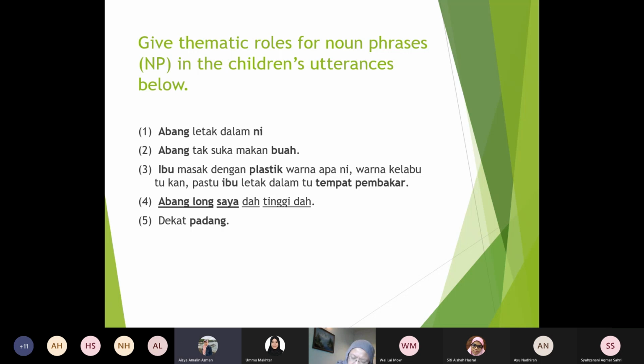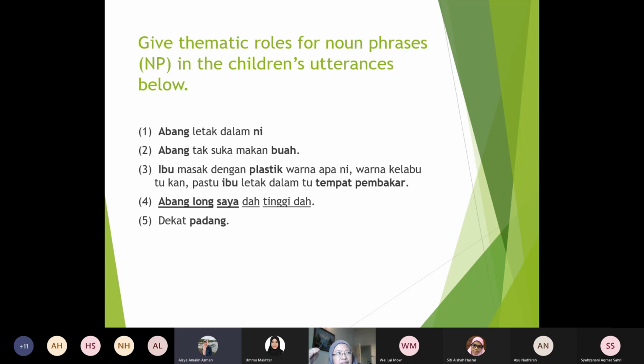Doktor nak tanya. Okay, so contoh, abang tak suka makan buah, kan? So basically tak suka makan tu memang tak ada semantic role ke? I mean, semantic role or thematic role is only for noun phrases or prepositions.